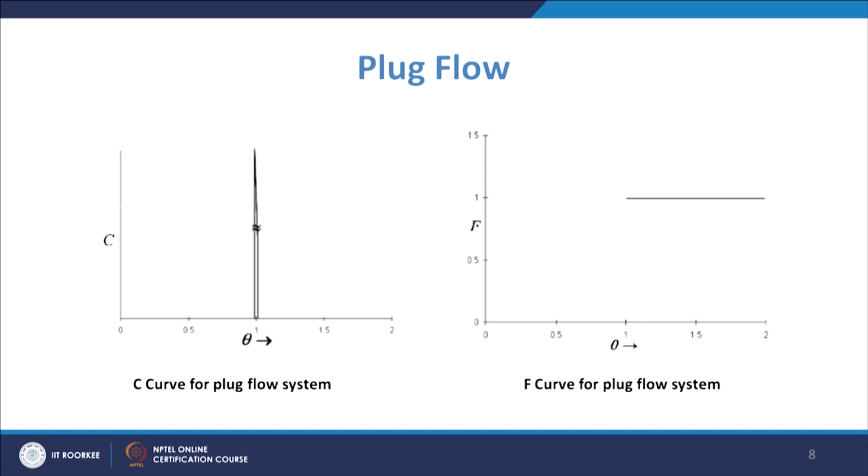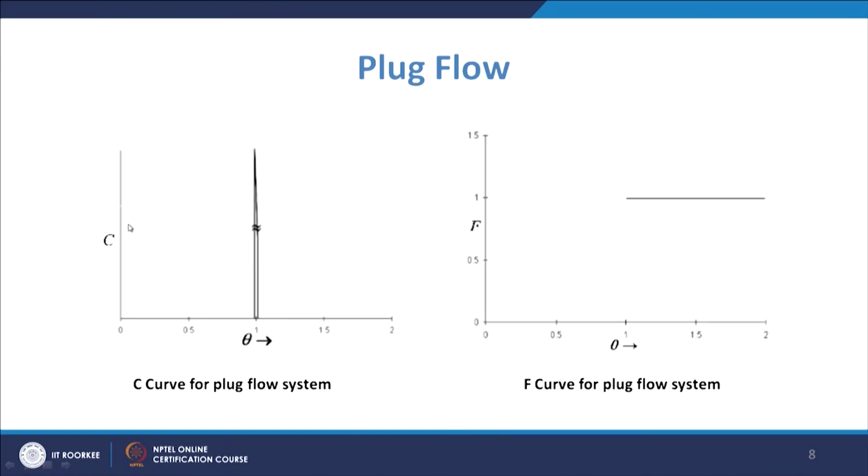If you talk about a plug flow system and the C curve, how can you schematically represent it? In the C curve, you give a short pulse of tracer, it goes into the Tundish at a different location and then comes through the outlet.